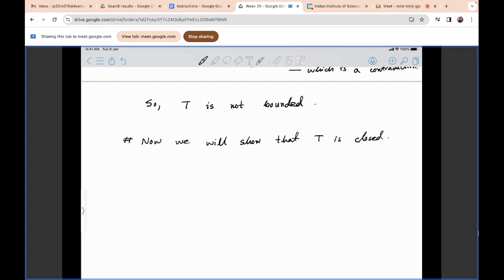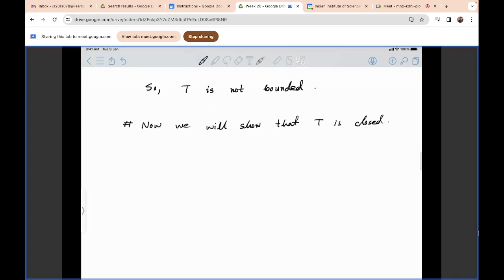So what does it mean for an operator to be closed? T is closed means what we have to show?